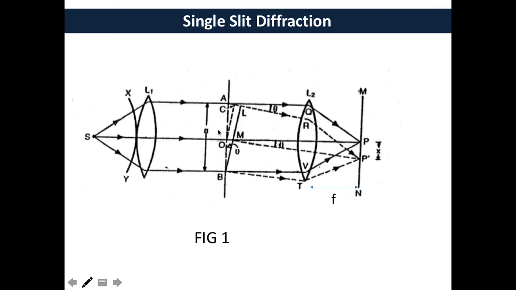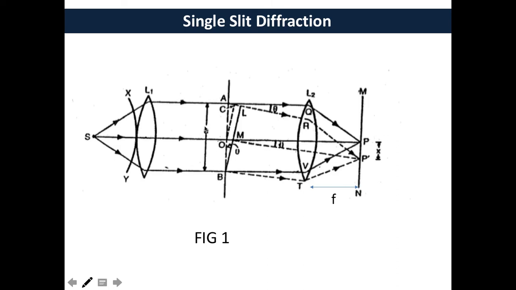But right now we have taken OA as the first half and this as the second half, so lambda by 2 and lambda by 2. So lambda by 2 will cancel out, and we get the minimum intensity here. If we take 3 parts, we will get the maximum intensity.